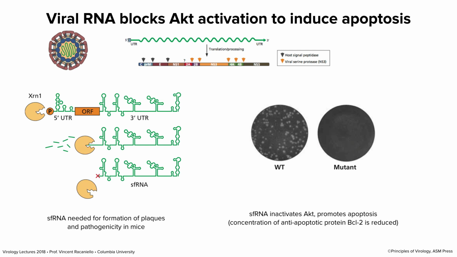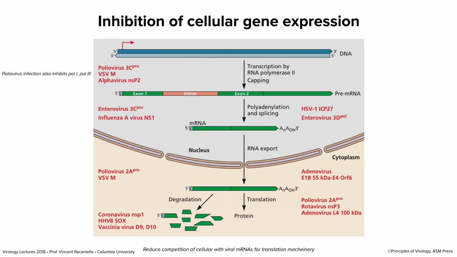The detail's not important. What is important here is that this small RNA promotes apoptosis so the cells can be killed and it can spread within an animal. So I think that's a really interesting example of a non-protein mediated modulation of signaling pathways.